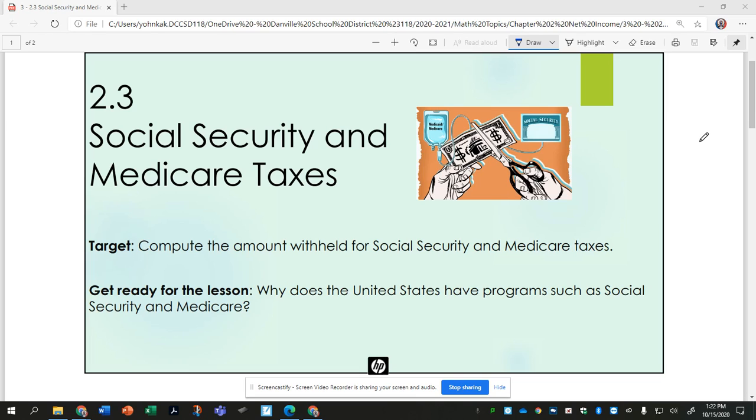When you are old and you can't work anymore, you'll be able to collect Social Security checks to help pay for life after you don't have a job. And Medicare is a way for people to get health insurance when they are not currently employed. So, Medicare and Social Security are things that we're going to talk about today.